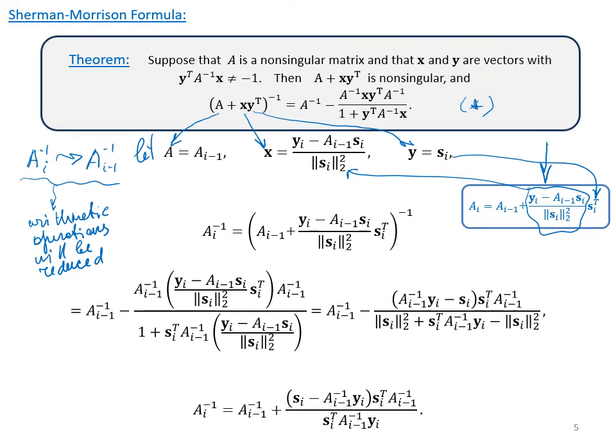Now let's take the inverse matrix from the left and right side of the formula in the blue box and perform some calculations. Here we apply formula star, and it tells us that our inverse matrix A at ith iteration equals the matrix A at I minus 1 iteration, also inverse, minus the following ratio.